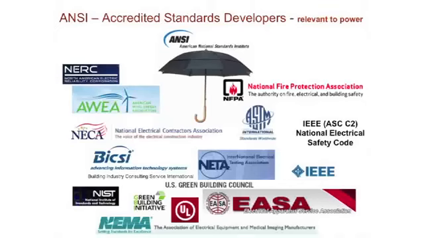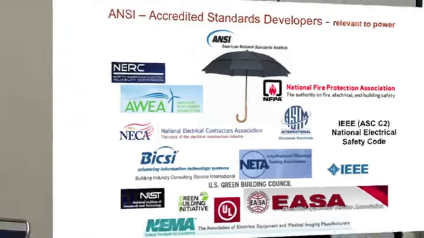There's the National Electrical Contractors Association. There's NETA, testing people. NEMA is there, Green Building Initiative, and AWEA, the wind people, American Wind Energy Association. NERC is there, the government organization. And many more. This is obviously not a full list. But again, under the umbrella of ANSI, there are many organizations that can develop standards.